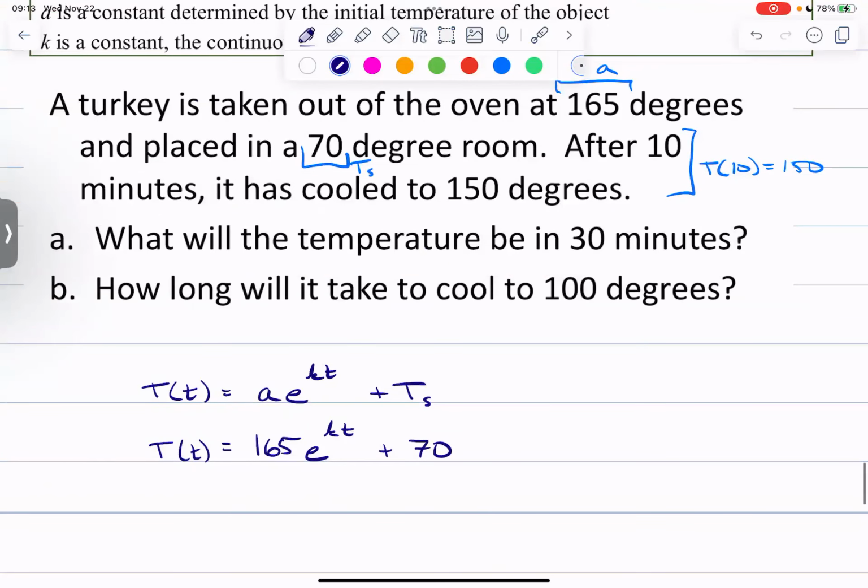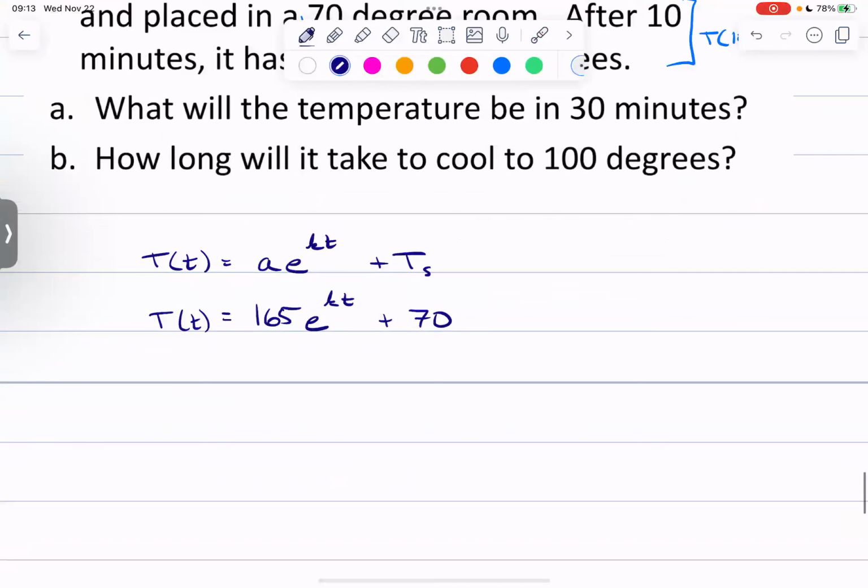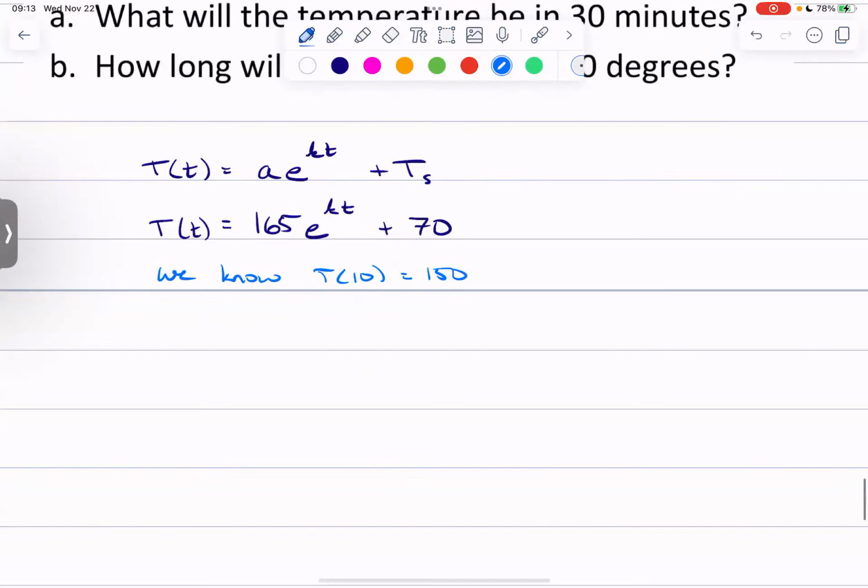We're told that T of 10 is 150, and we need that to be able to solve for K. So 150 is 165 e to the K times 10 plus 70.